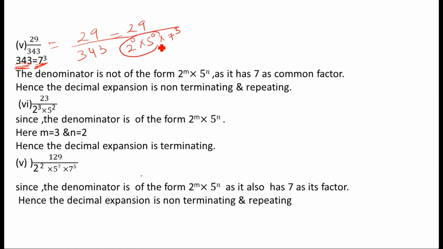These two numbers are not present in its denominator, only 7 is present in its denominator. Therefore, the given number is not terminating, it is non-terminating and repeating decimal expansion.